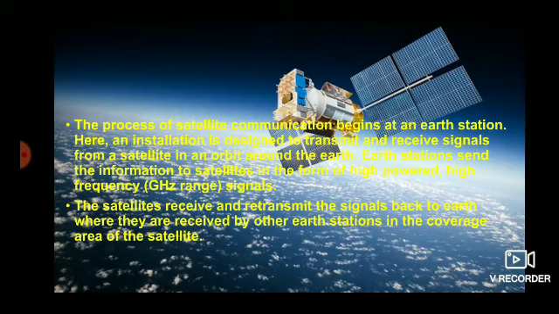Now for this, there are geostationary satellites which revolve around the Earth 35,786 km above the surface. At that height, they orbit in their particular orbital path with the same speed as that of the Earth.